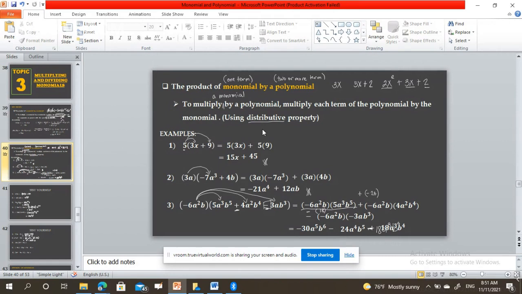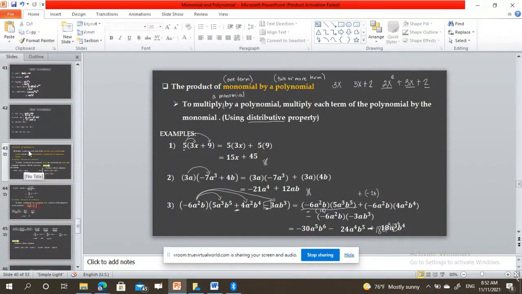Okay. Do you understand the distributive property? Yes. Okay, so that is distributive. You distribute the number outside, or the monomial, to all the terms inside, or in the polynomial.